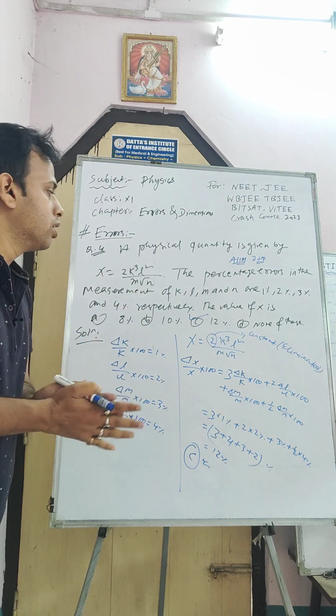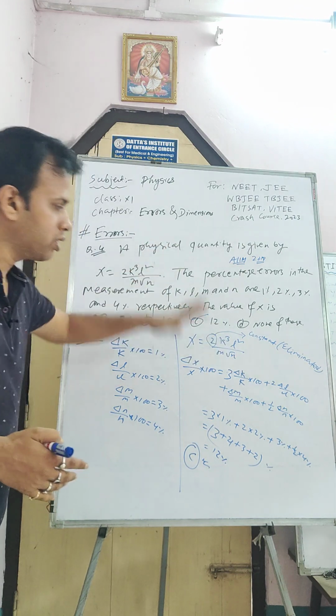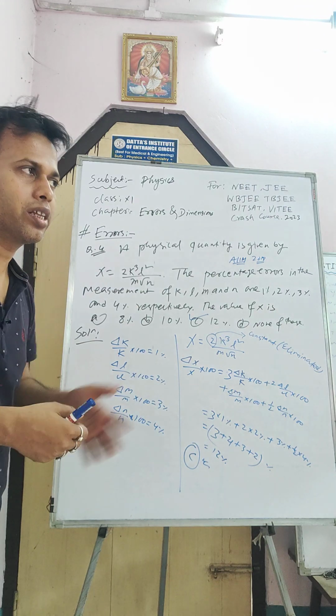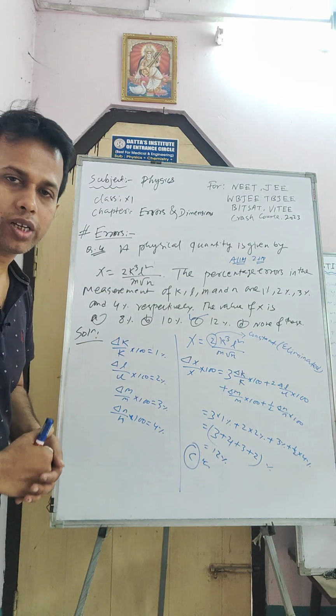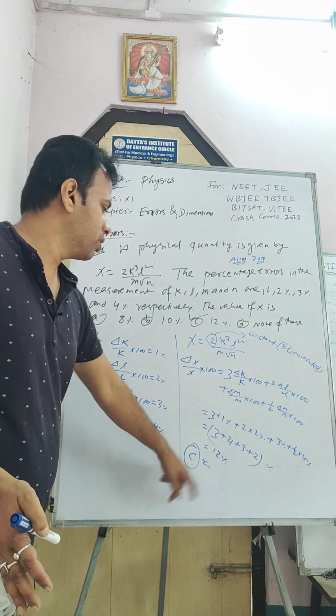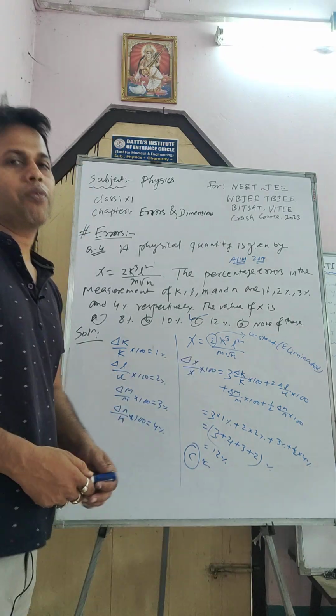This 2 is a constant, it will be eliminated. After that I split the formula and multiply by 100 so that they become percentage errors. Then I put in the values and calculate. The percentage error in x came, and option C is correct here.